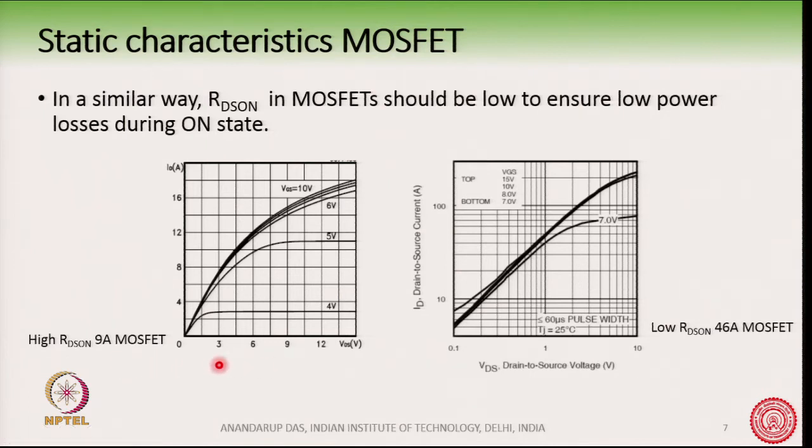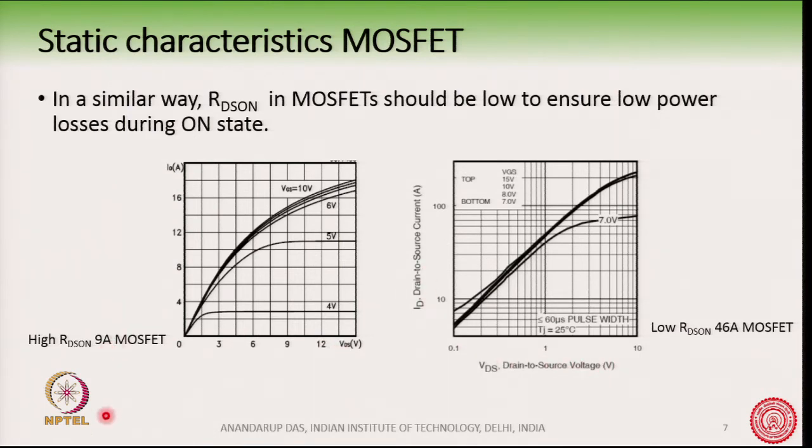Here we have shown two curves from the data sheets of two MOSFETs, one is a 9 ampere MOSFET and the other one is a 46 ampere MOSFET. And again we are plotting ID versus VDS here, here also ID versus VDS.